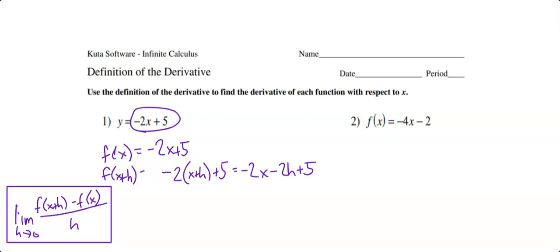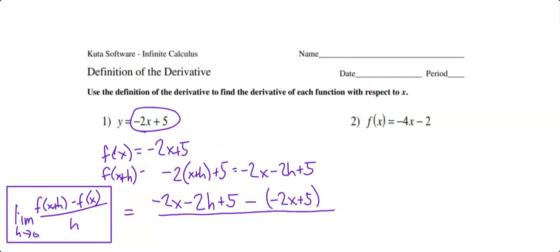Okay, so I've brought our formula a little bit closer to what we're working with here. So I'm going to plug back in what I have. This now becomes negative 2x minus 2h plus 5 minus negative 2x plus 5, all over h.